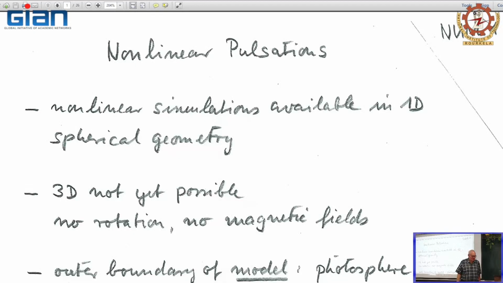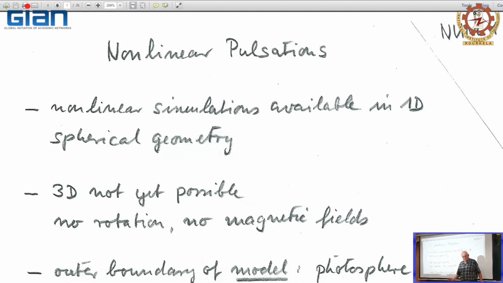The numerics and the numerical mathematics needed to do that is not yet in a state that we can perform the evolution or a simulation of the evolution of a non-radial instability into the nonlinear regime. So this is not yet possible.